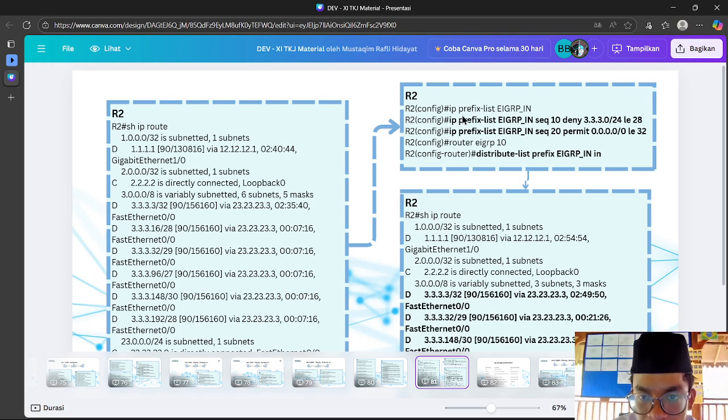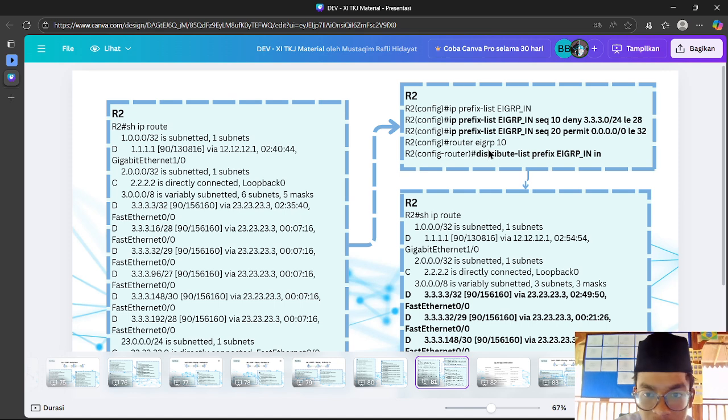And then the next configuration is ip prefix-list EIGRP in, then ip prefix-list EIGRP in sequence 10 deny the network 233/24 until /28. Then sequence 20 permit the network 0.0.0.0/0 le 32.